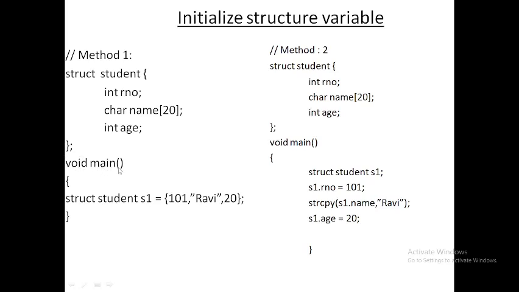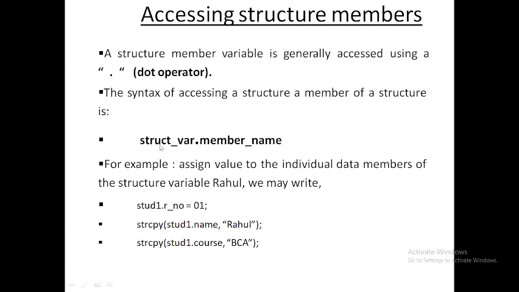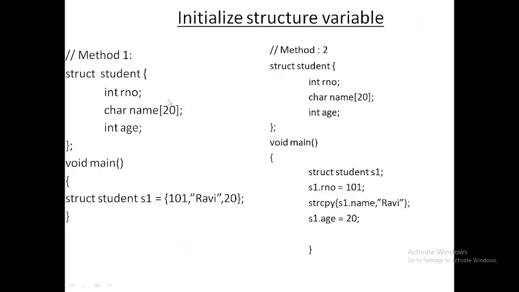In the main method, I am initializing variables, three variables of the structure. First of all, we have to create a structure variable. To initialize members, we have to create a structure variable. Struct student is our structure name. S1 is our structure variable.